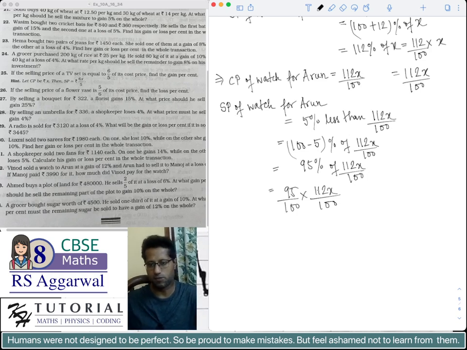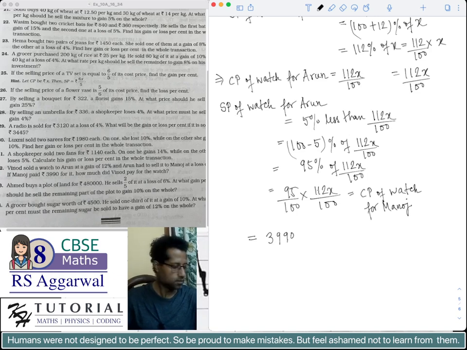Now this must be equal to the cost price of the watch for Manoj. So this is the price, that is 95 by 100 multiplied by 112x by 100. This is the price at which Manoj purchased the watch from Arun. This should be equal to, and it is also given that Manoj paid rupees 3990 for it. That is, the cost price for Manoj was 3990. So we can say this is equal to 3990.